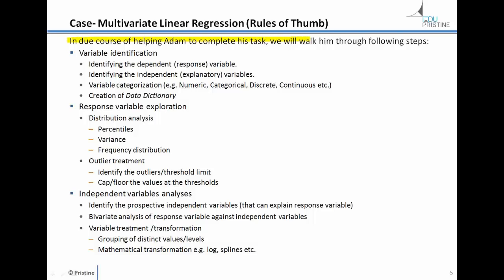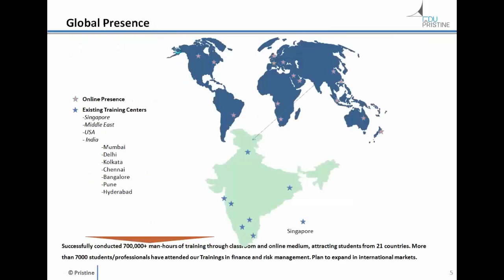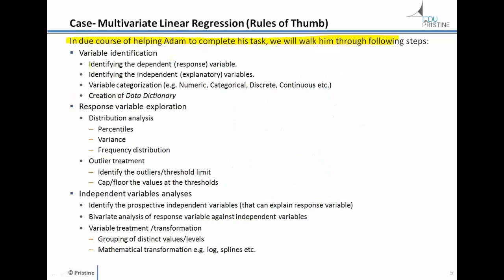So how many of you remember what we did in the last webinar? Here is the quick summary. Adam was given a task. He needs to identify, for an insurance company, what factors explain the dependent variable, the losses or the claims.